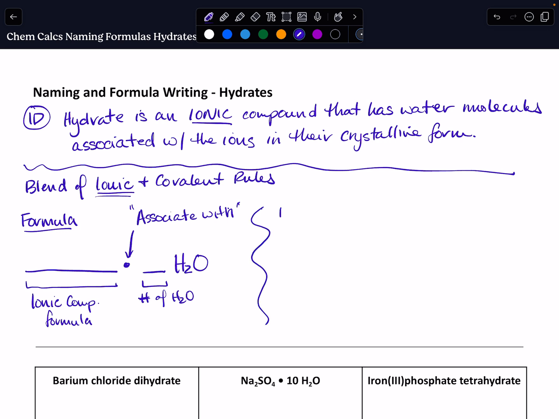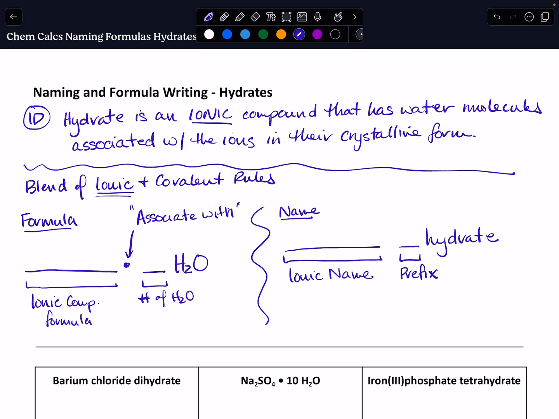We can also be given the name, and the name will be something, something hydrate. The first part will be the ionic compound name, and the second part will be a prefix. These are our covalent prefixes to indicate the number of H2O molecules, and the word hydrate stands in for H2O in our formula.